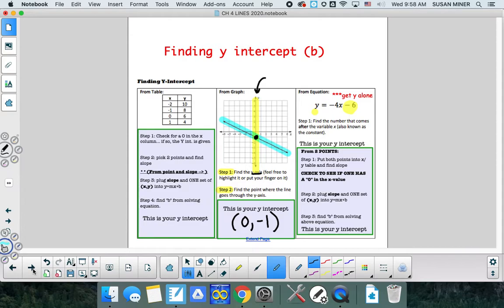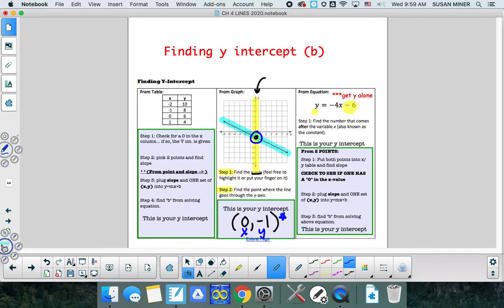All I have to do if I want to find the y-intercept on a graph is find that one point right in the middle where my graph crosses my y-axis. And that point, that ordered pair, is always going to be where x is 0, and y is going to be some number.